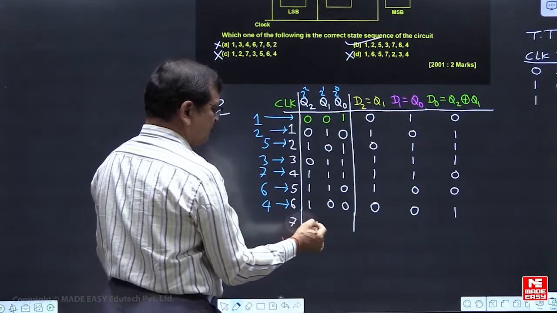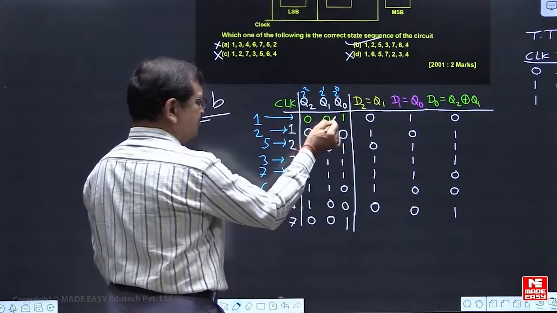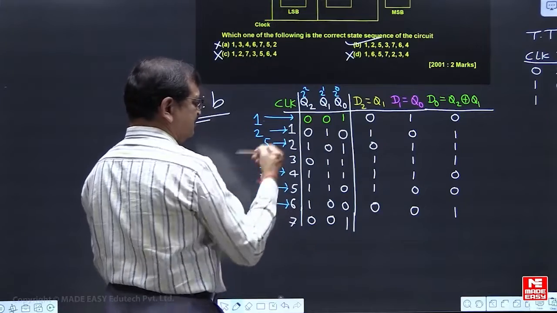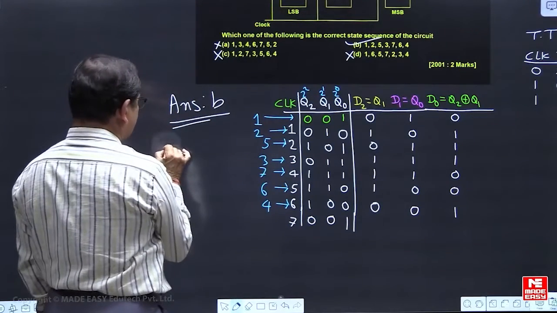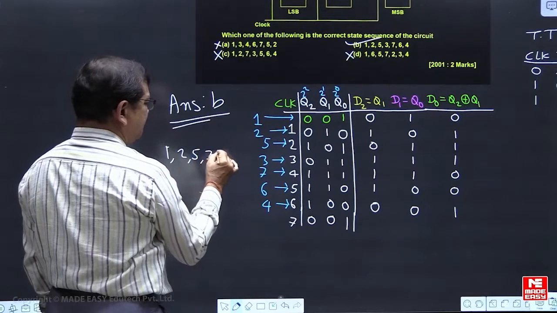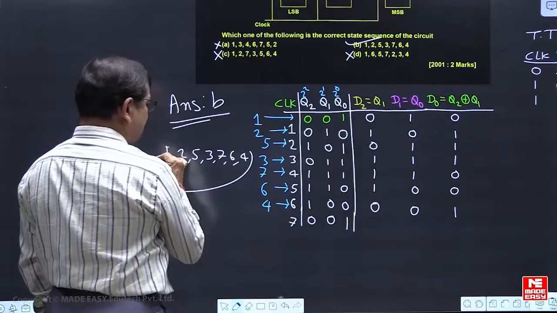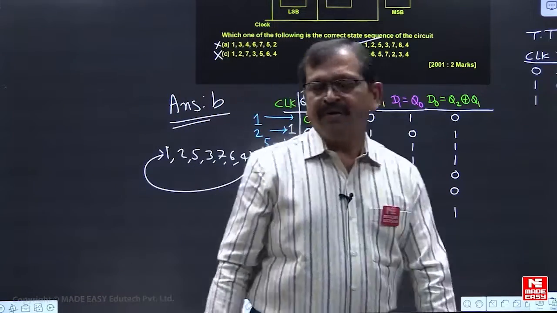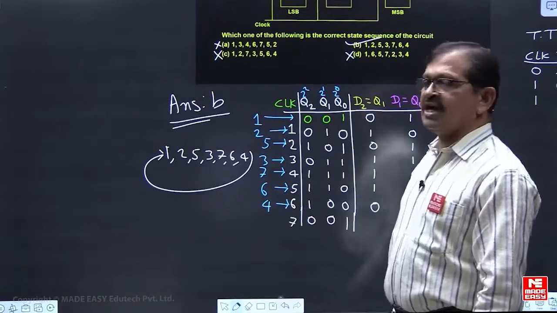When you apply the 7th clock pulse, the next state is 0, 0, 1. It means the repetition started. If we extend further, it is 1, 2, 5, 3, 7, 6, 4, and after that it repeats. But in this question, that is not required. In this question, we can stop after the 6th clock pulse.